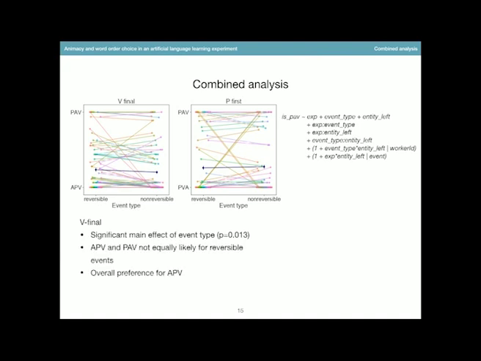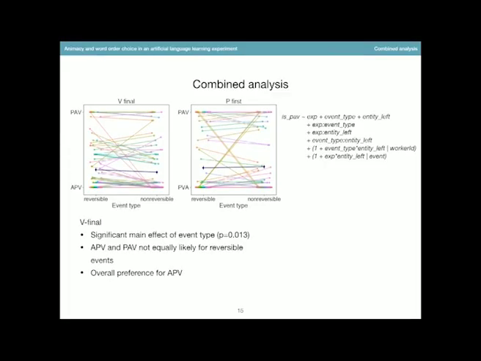But what we didn't find was any evidence to support one of the main predictions of the cognitive saliency hypothesis, which was that people should produce APV and PAV in roughly equal proportion for reversible events. Instead, what we found was that overall, on average, there was a preference for APV. In the P first group, there was no effect of event type.